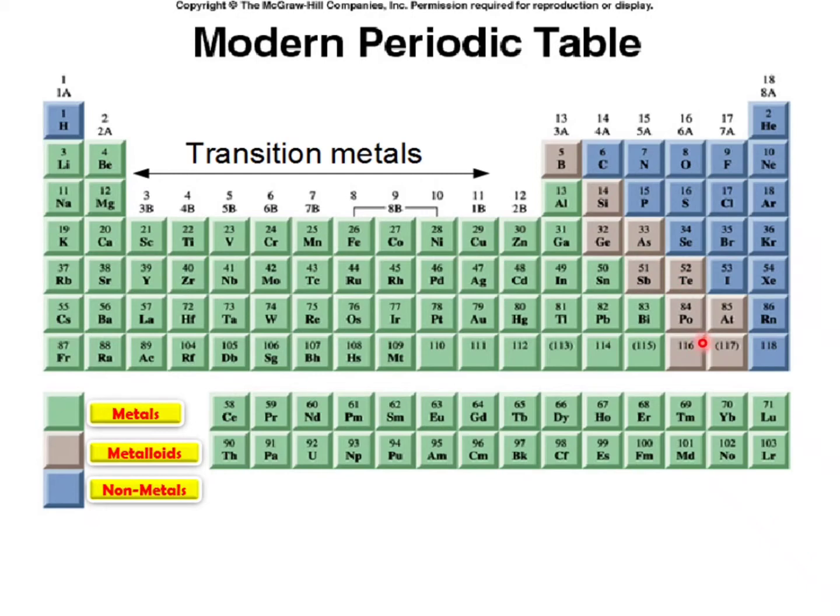Metalloid is separa logam. Okay, while the blue color here we classify as non-metal, iaitu bukan logam. Maksudnya dia akan wujud dalam bentuk gas ataupun liquid. Okay, ataupun dia wujud dalam bentuk solid tapi bukannya logam. Boleh ya?